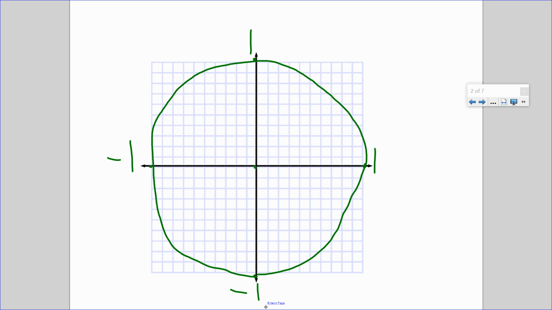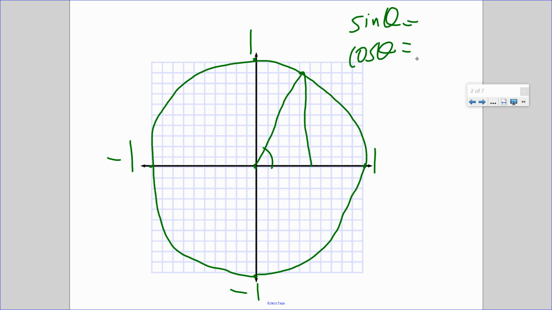So I want to talk about a point on the unit circle. So let's just pick any point. And we learned the other lesson where we make the triangle, and that's my angle. So I want to talk about sine and cosine of that angle.